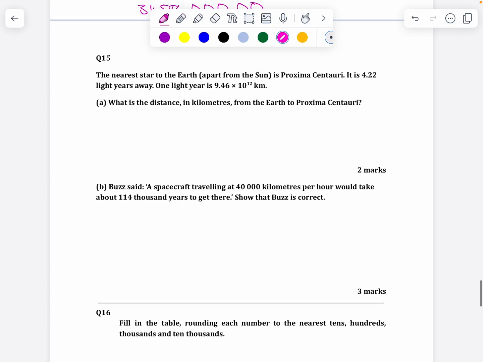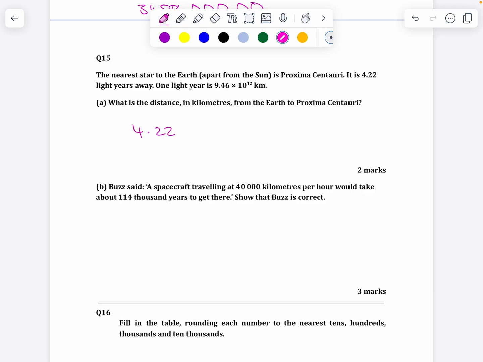Okay, question 15. We need to find the distance in kilometres from Earth to Proxima Centauri. So it says that it's 4.22 light years away.